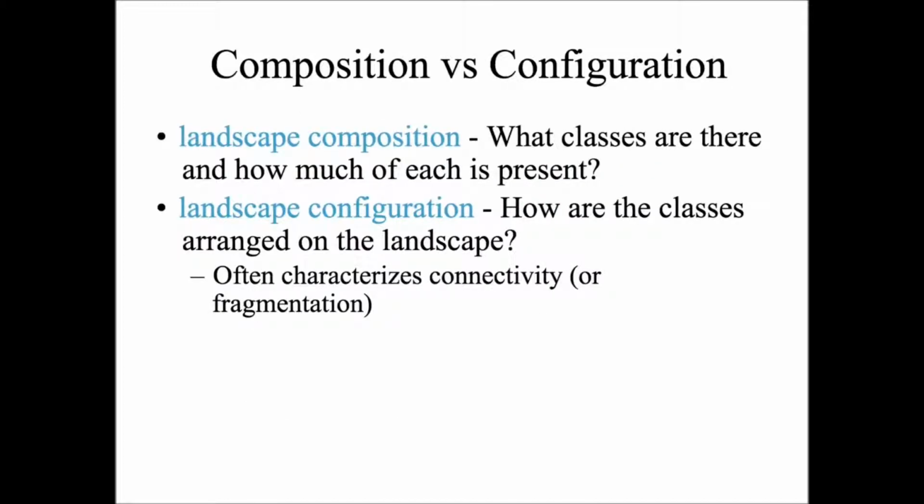Okay, so let's talk a little bit about composition and configuration. We were snacking here on our breakfast, our granola and Thin Mint cookies, and that was actually to illustrate some concepts of composition and configuration. Landscape composition describes what classes are present in a landscape and how much of each is present.